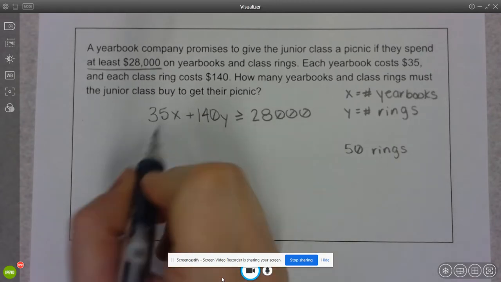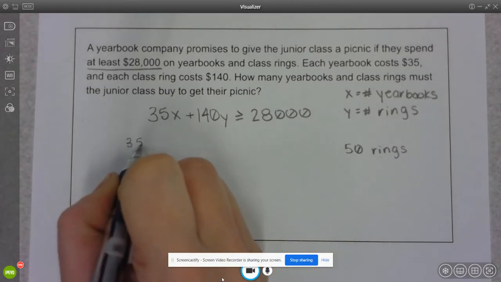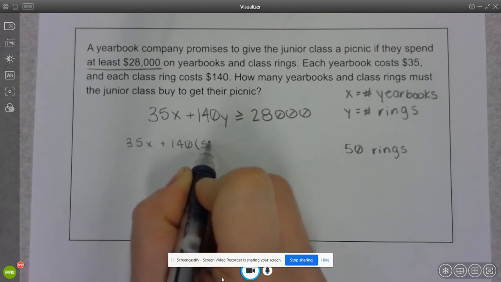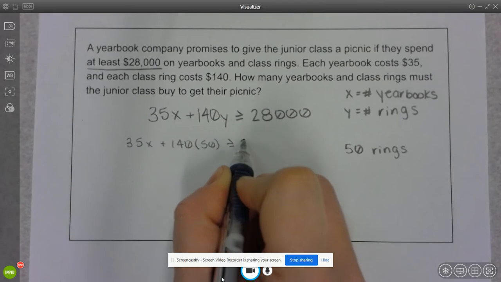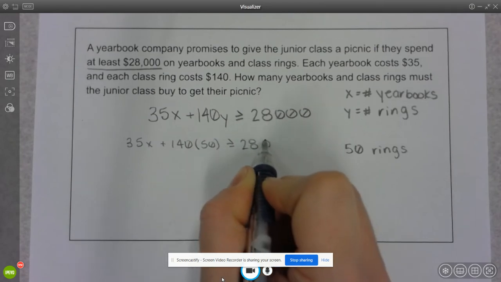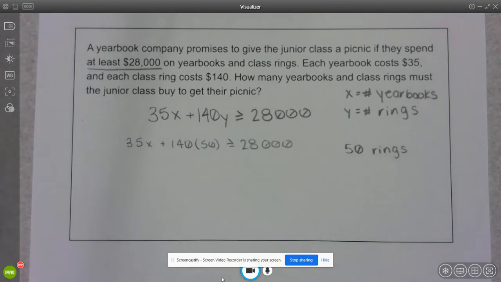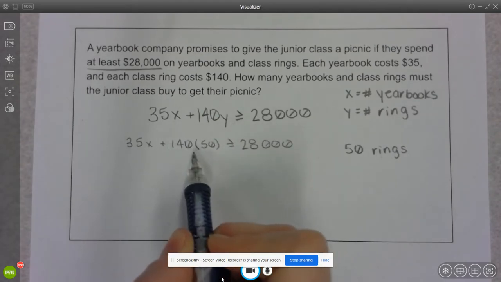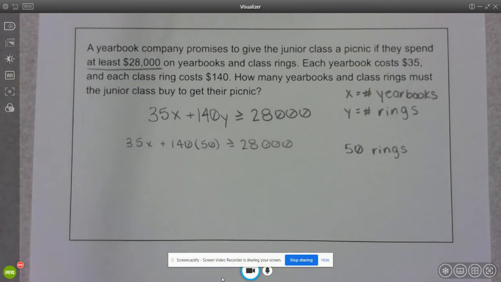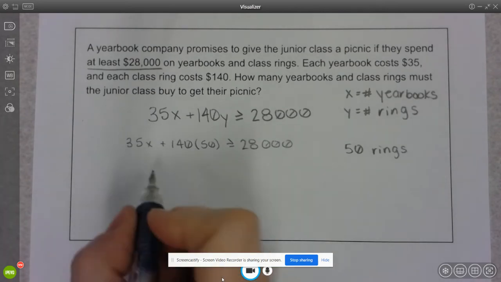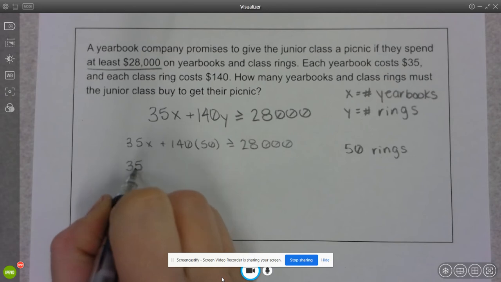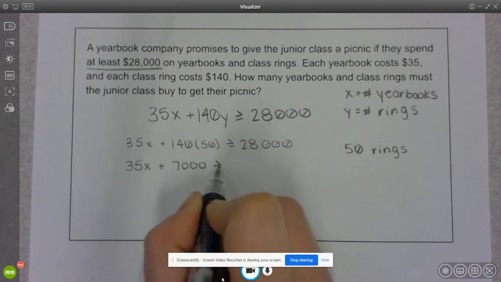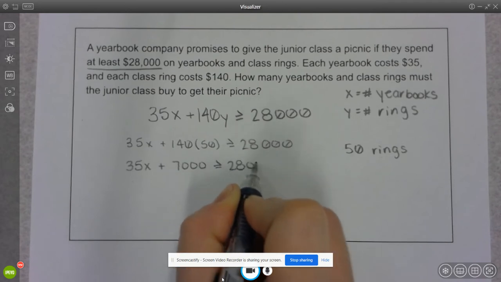So if I do that, then my inequality would be 35x plus 140 times 50, and my answer has to be greater than or equal to 28,000. However you want to do 140 times 50, as long as it is without a calculator. That tells me 35x plus 7,000 needs to be greater than or equal to 28,000.